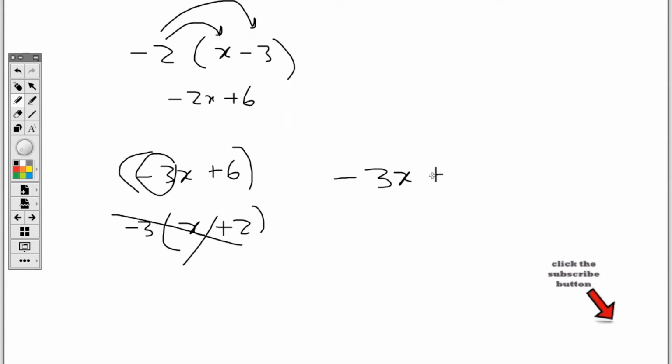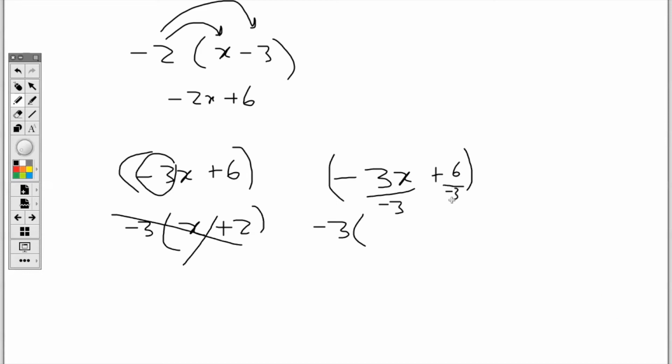So if I have -3x plus 6, what I like to say is, what you factor out, divide each term within by that number or variable. So I factor out -3, so I divide each term by -3. So that cancels, so it becomes positive x. Then positive divided by negative turns it to minus, so therefore I have -2.